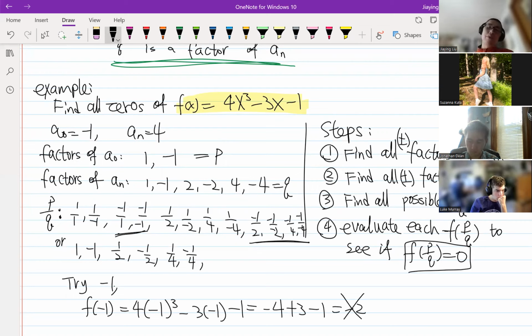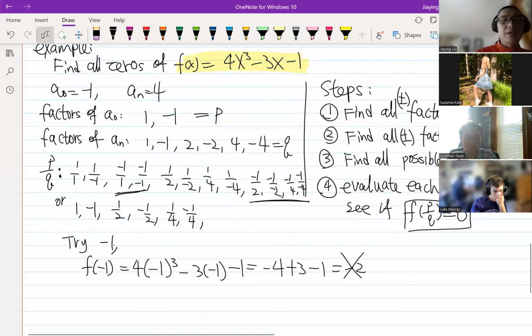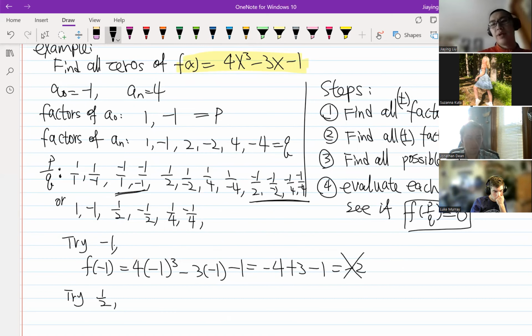Obviously, when we have a problem like this, you want to begin with 1 because 1 is always a good number to plug in. But just for the sake of trying, let's try 1/2, to see if that's going to be a 0. So f of 1/2 is equal to 4 times 1/2 cubed minus 3 times 1/2 minus 1.